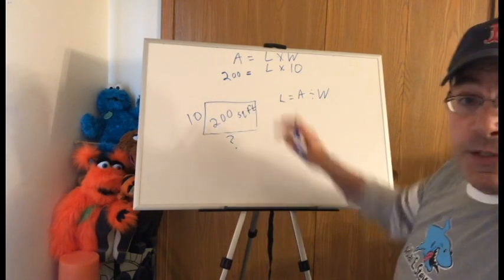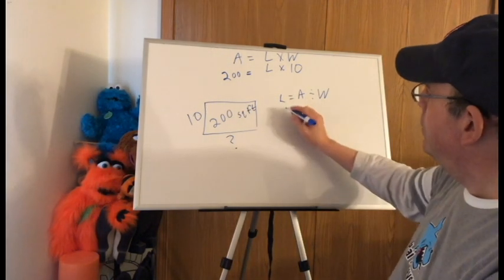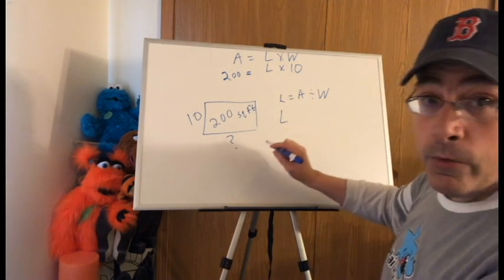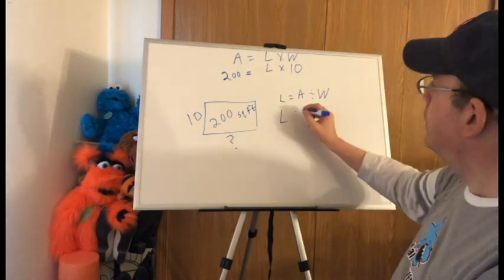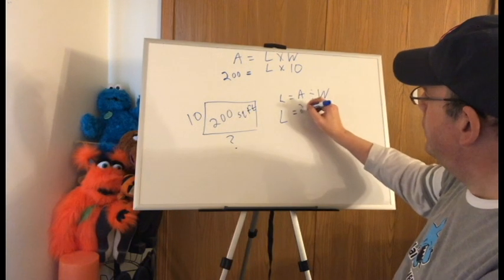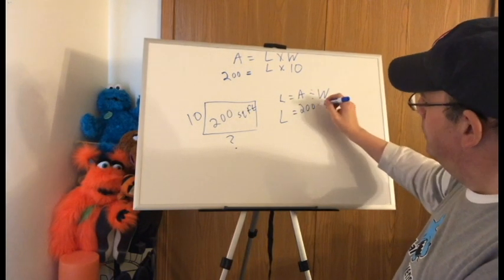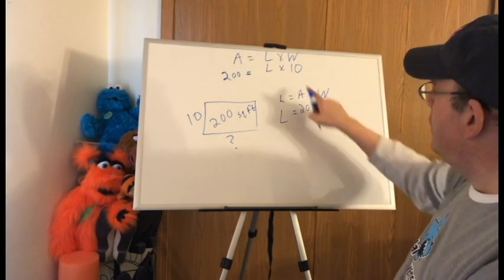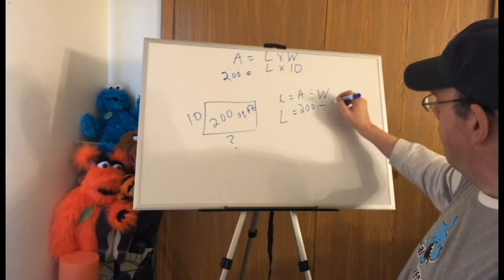And then we'll just punch our numbers in. So length, that's still our unknown, right? We still are trying to solve for length, equals 200 divided by our width, which is 10.